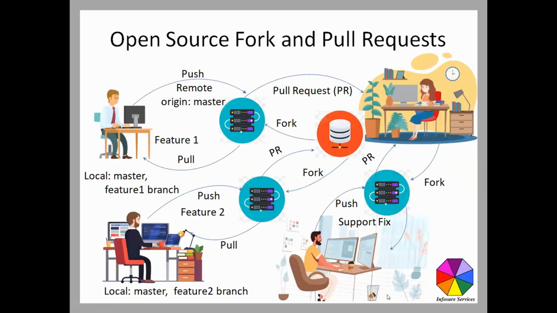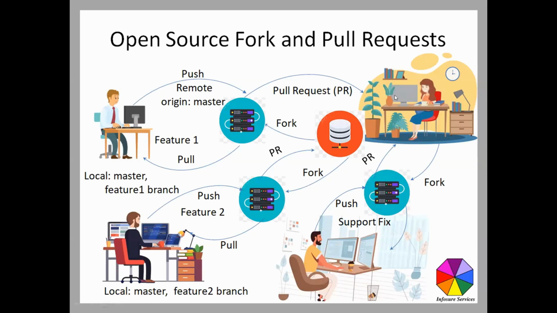In reality, this is how it looks. It's much like different engineers, developers working together, pushing code. They are pulling code, working in development, pushing, and from the master there is a local feature 2 branch, feature 1 branch, and finally they push the code and initiate a pull request to merge the code by the software configuration manager.